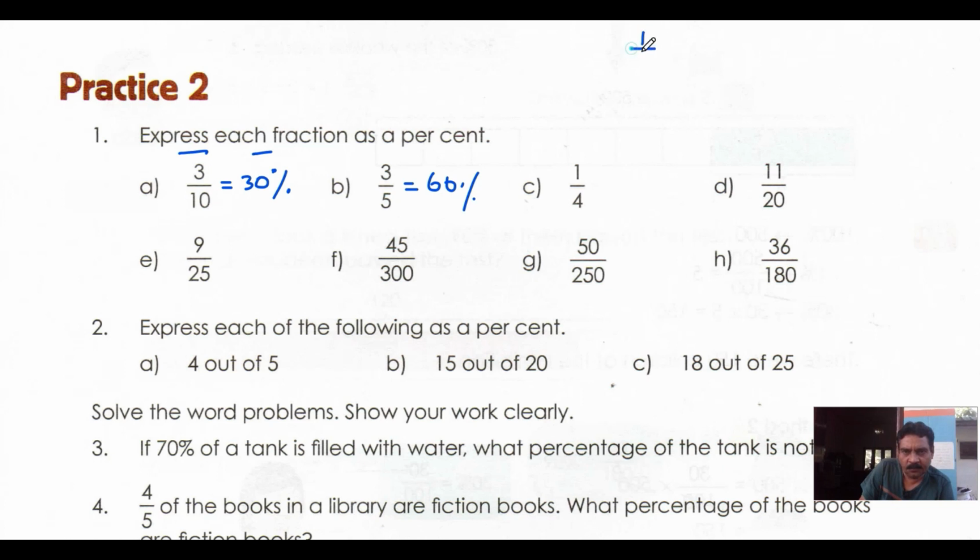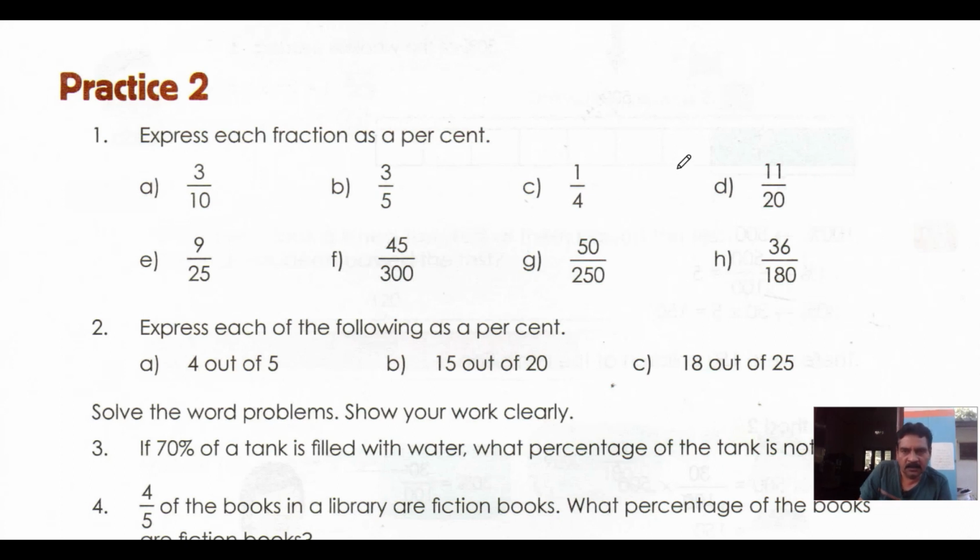1 by 4, you have to express it as percent. So you have to multiply it with 100. Then 1 into 100 by 4. 4 ones are 4, 4 twenty-fives are 100. 1 into 25 is equal to 25. So answer for this is 25%.